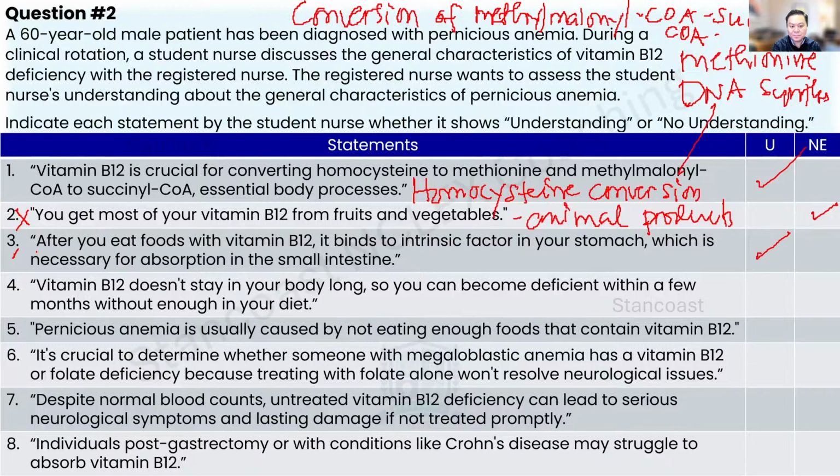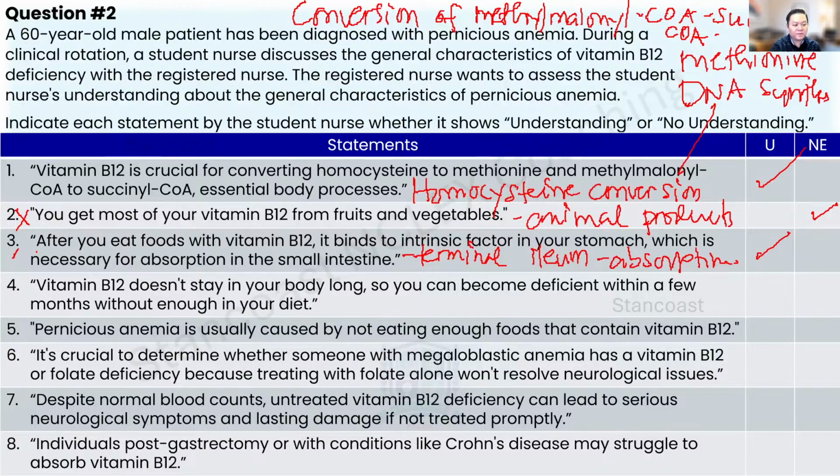Again, the vitamin B12 in the diet will be bound to the intrinsic factor, which will help in the absorption, okay, in the small intestine, in the terminal ileum, to be specific. This is the site of absorption, terminal ileum.